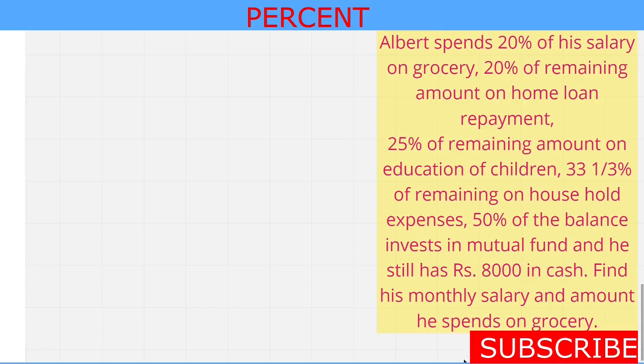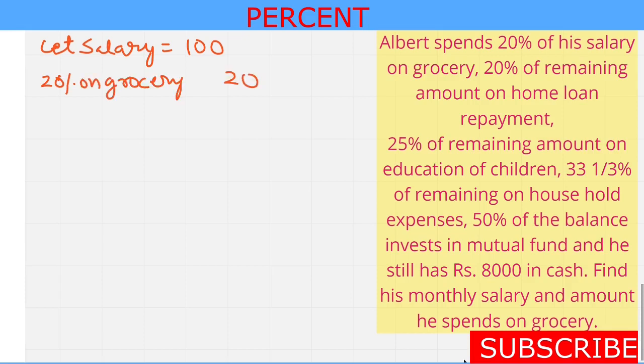Here we have to assume the salary of Albert equal to 100. He spends 20% on grocery. 20% of 100 is 20. So remaining is 80. Now on remaining 80 rupees, he spends 20% on home loan. 20% of 80 is 1/5 of 80, which is 16.